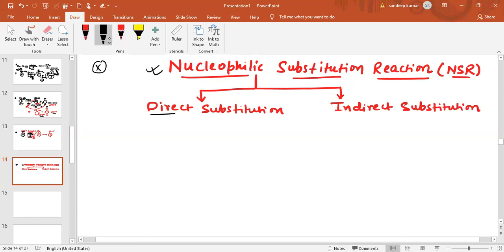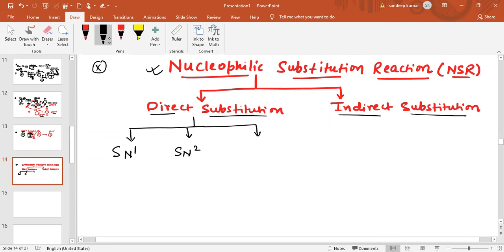One is direct substitution and one is indirect substitution. Now, what are the direct nucleophilic substitution reactions? Direct nucleophilic substitution reactions are SN1, SN2 and SNi.